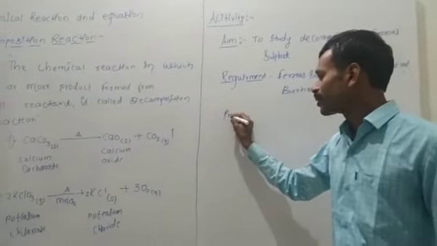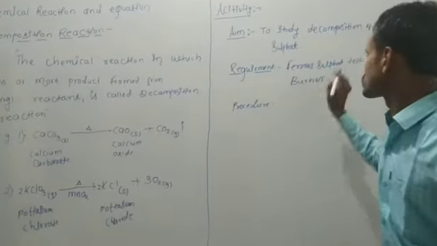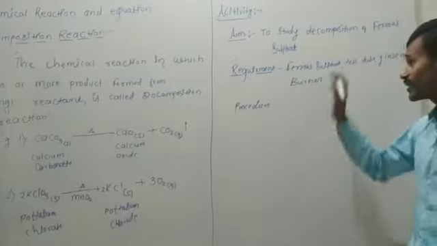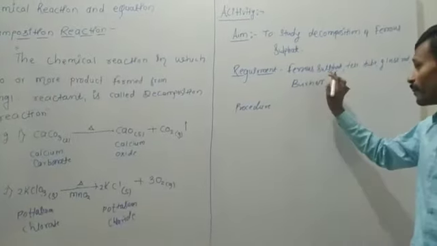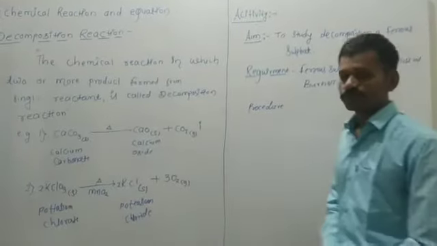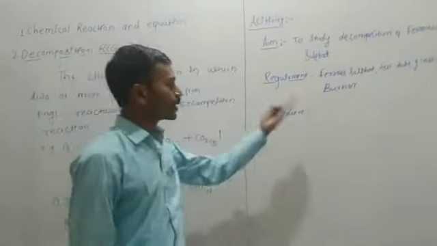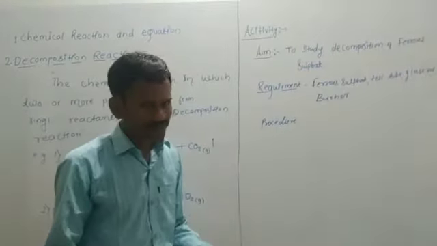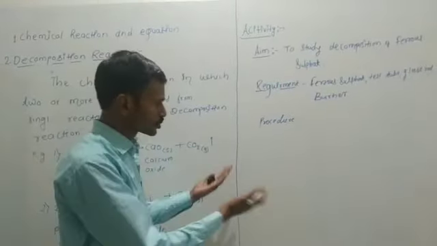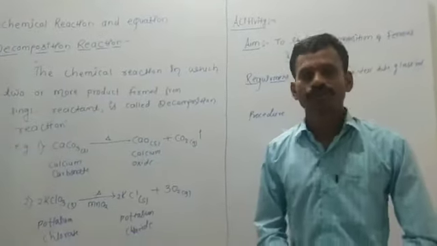After that, we will study the procedure. These are the requirements: ferrous sulfate, test tube, glass rod, burner, and a beaker we can also use here. So these are the requirements for this reaction.